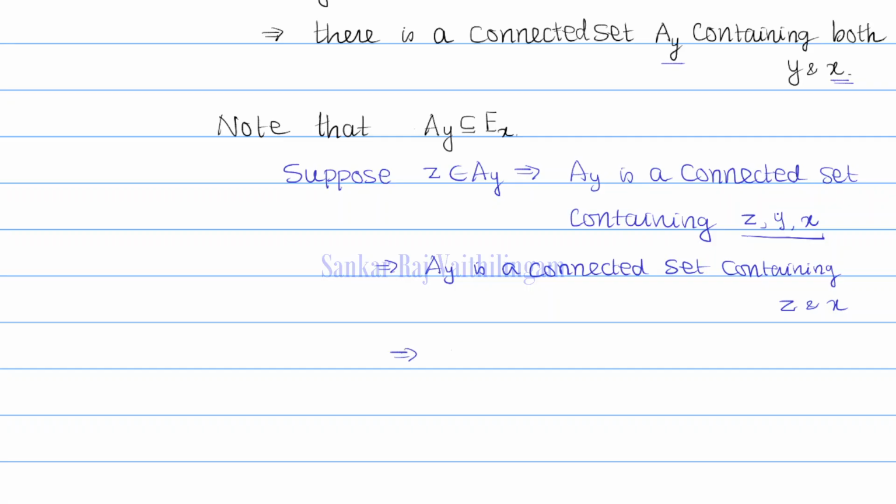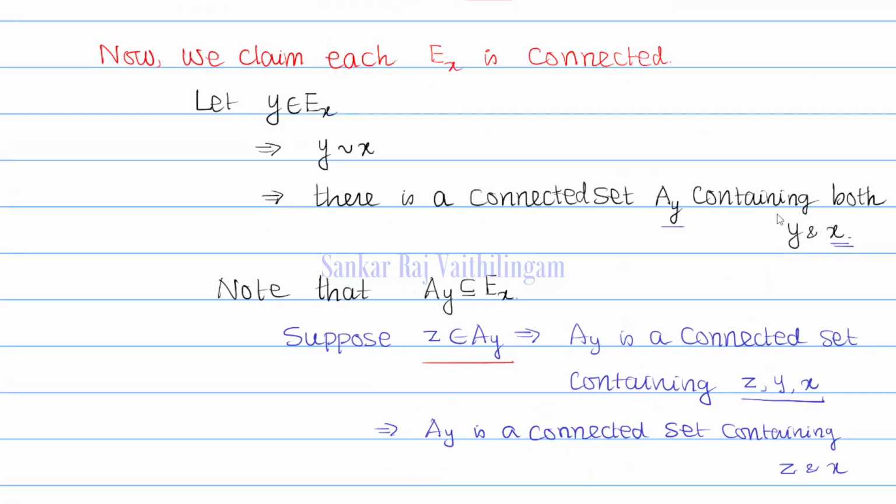This implies that z is related with x. So this implies that z belongs to E suffix x. அப்போ z belongs to A suffix y ன்னு ஆரம்பிச்சீங்க, and you have proved that z belongs to E suffix x. Therefore, A suffix y is contained in E suffix x. இப்போ இது எல்லாத்தையும் சேர்த்து நான் எழுதுறேன் பாருங்க.